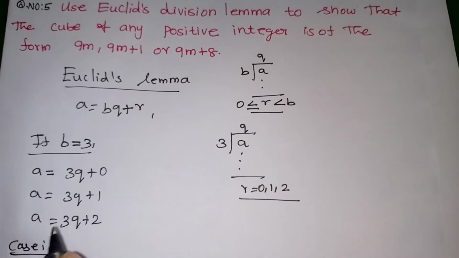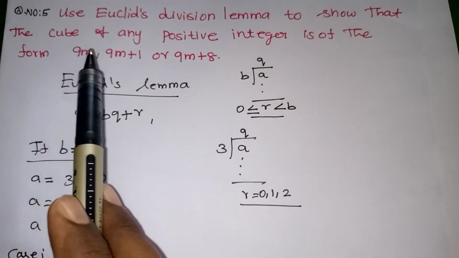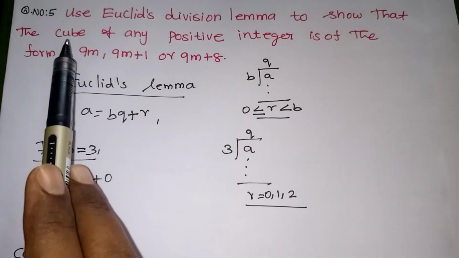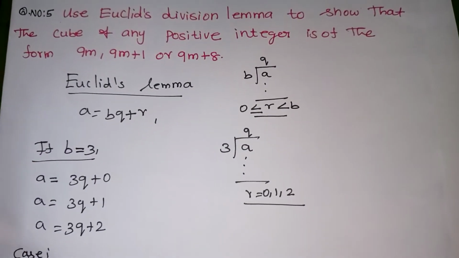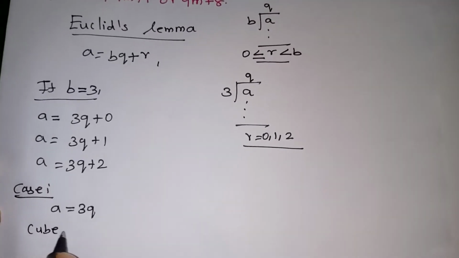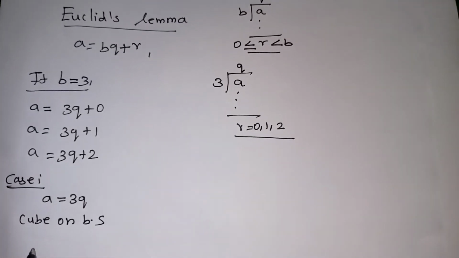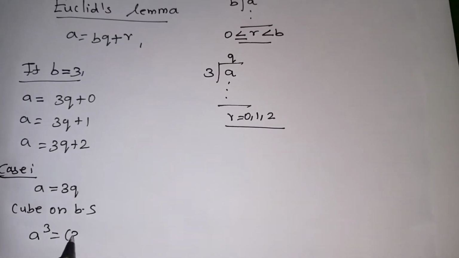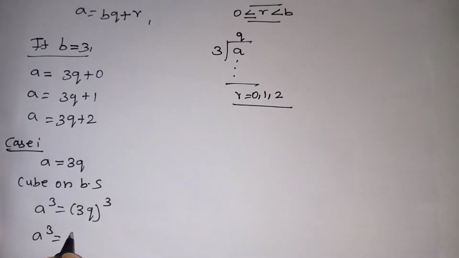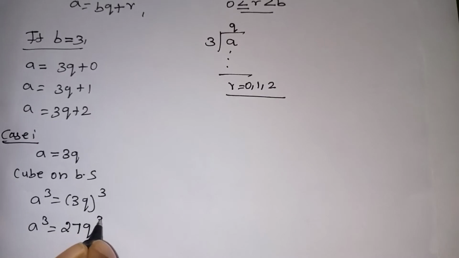Case 1. Here what is our question? We have to cube any positive integer. I am considering a as my integer and I am going to cube that. So in the first case a is equal to 3q. We have to cube on both sides, so a power 3 is equal to 3q the whole power 3. So a cube is equal to 3 cubed, which gives 27, times q power 3.